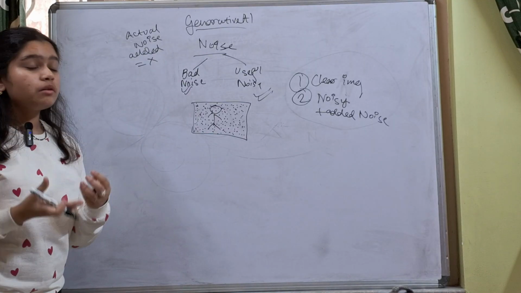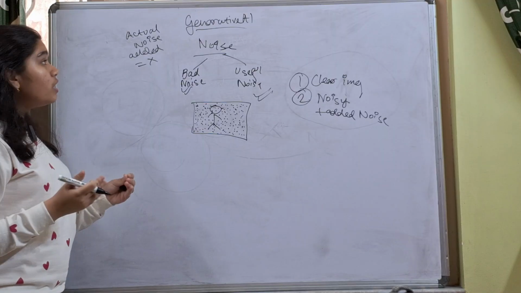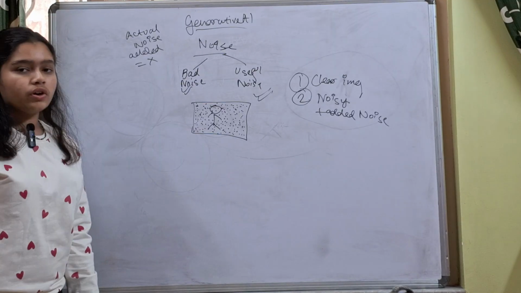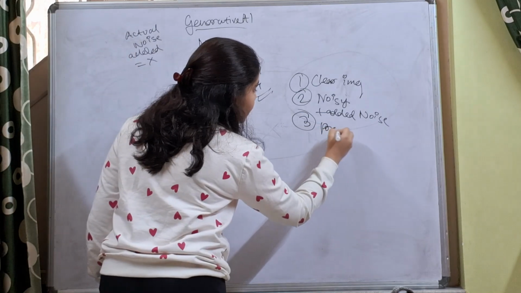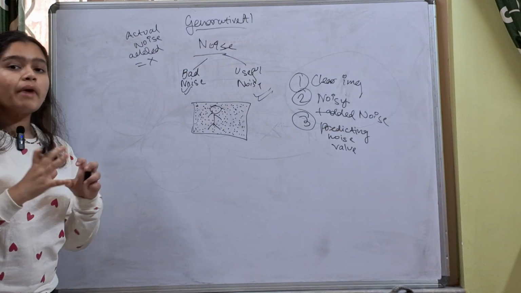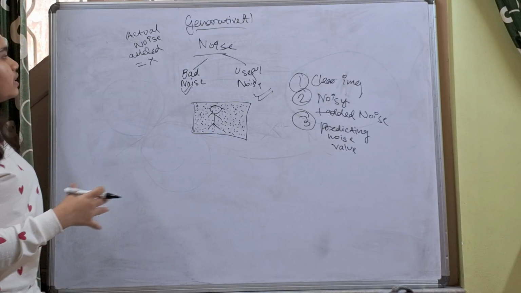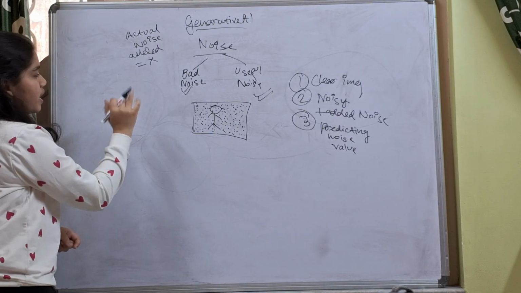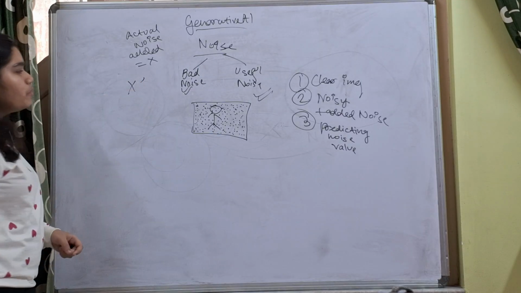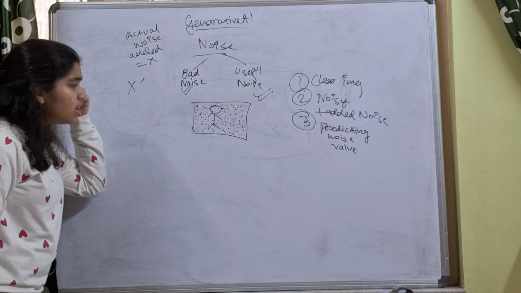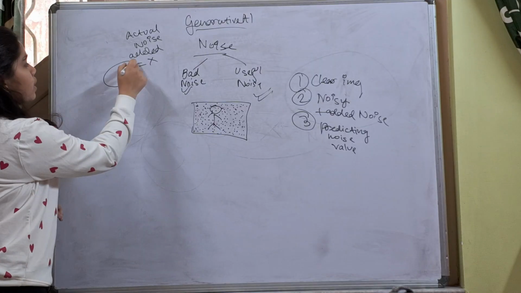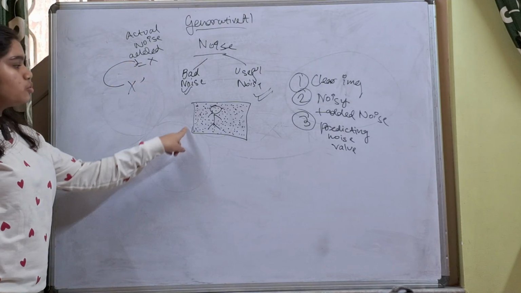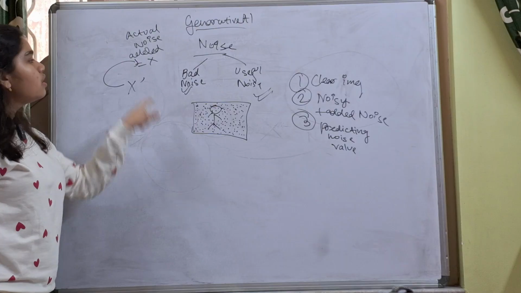Now what will the AI model try to do? The AI model will try to remove that noise. It will remove the noise by predicting the noise value, using certain mathematical calculations. Suppose it predicts a value which is x complement or x hat, whatever you call it. Now it compares it with the actual noise value. The actual noise that was added was x.